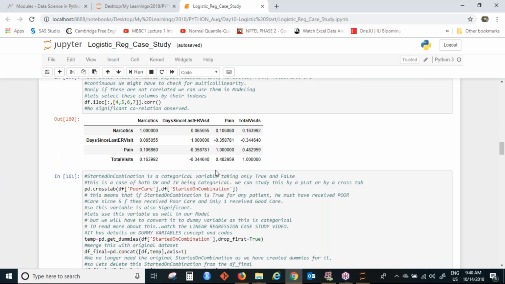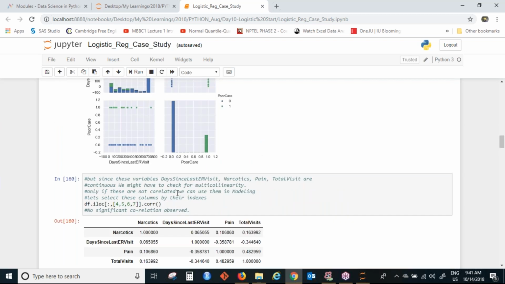That cannot be done here because the dependent is only 1 and 0. Correlation means both the variables have to be continuous. Yes, multicollinearity we will have to check. I'll come to the assumptions of logistic regression later. So park that discussion for the time being.